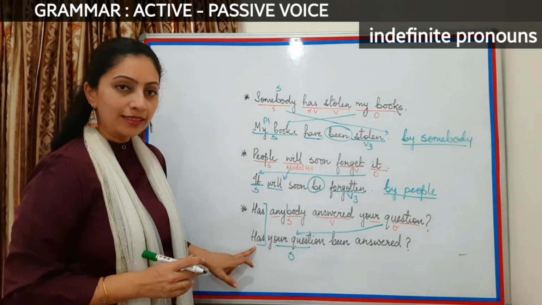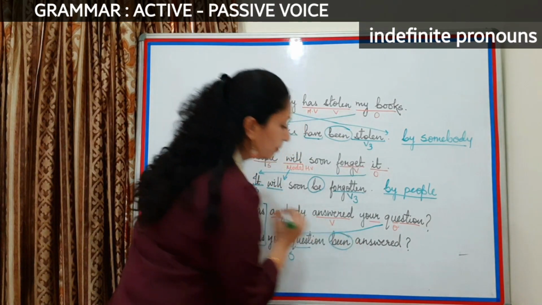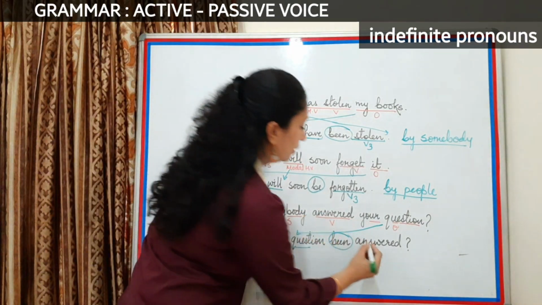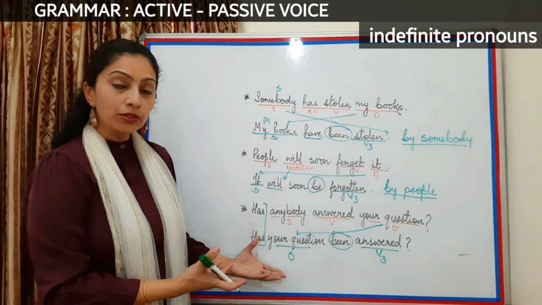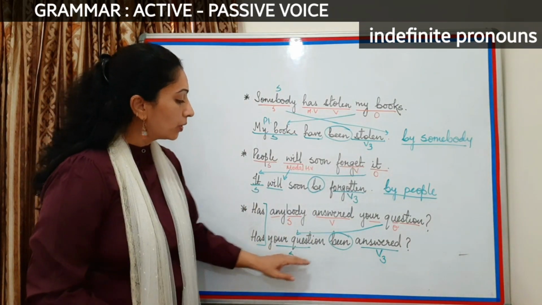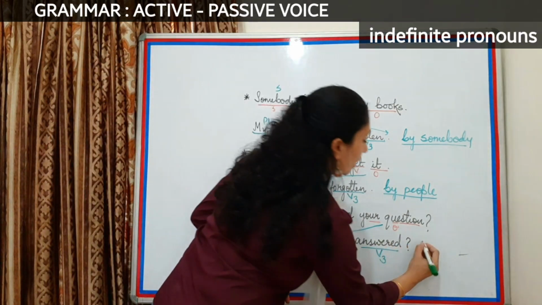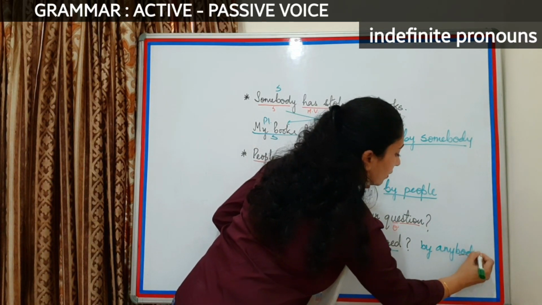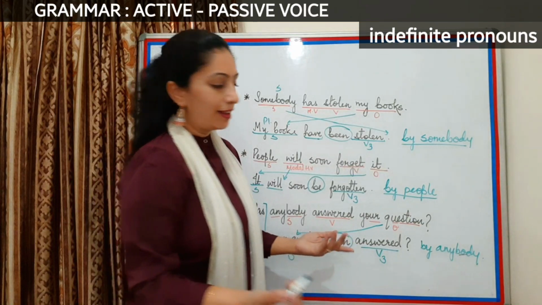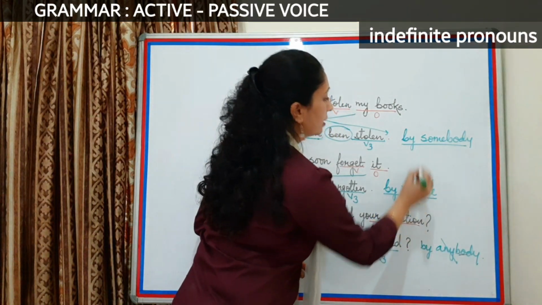Because I am using has, I will use the word been, and answered will come in the third form. Another option could be, "Has your question been answered by anybody?" I can even write like this, but again I may not write this. This is optional.